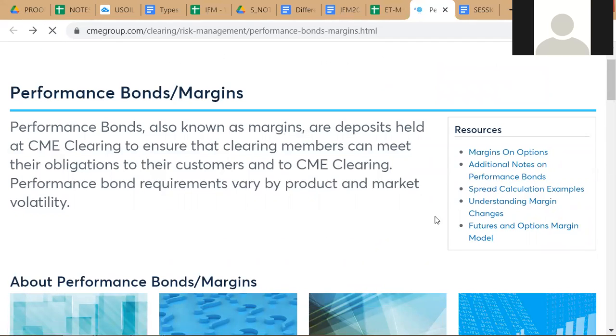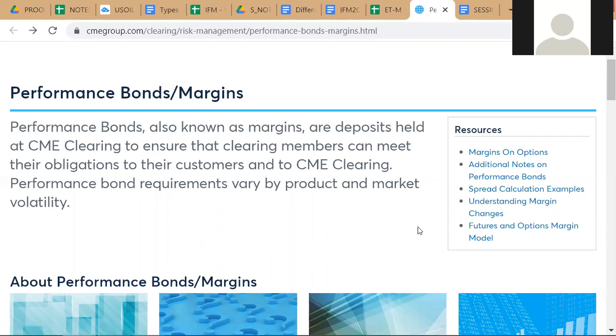But even in options, you will have margins. Okay, if you have exchange traded options, all exchange traded products will have margins. So the cost of hedging is not that much actually. Because yes, you're right, there will be a cost of hedging, but if you look at the big products like most of the futures products, the margins are around 5%.